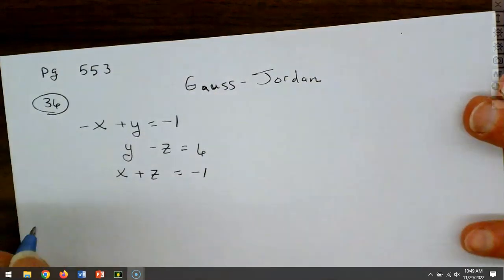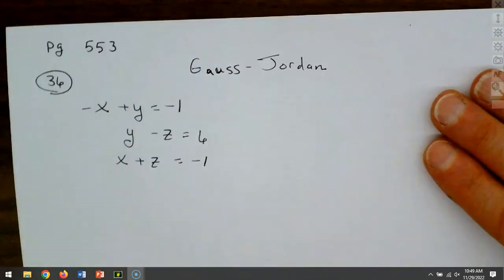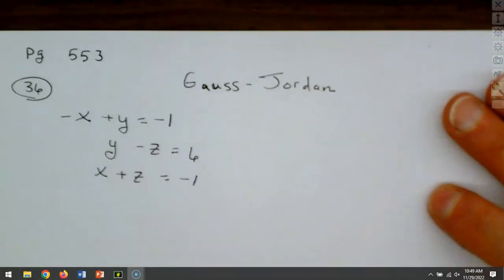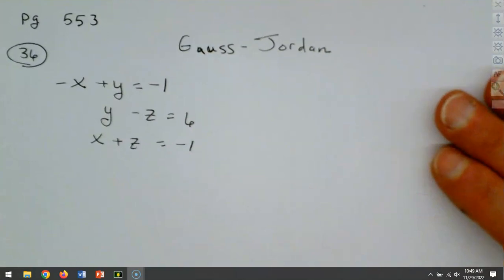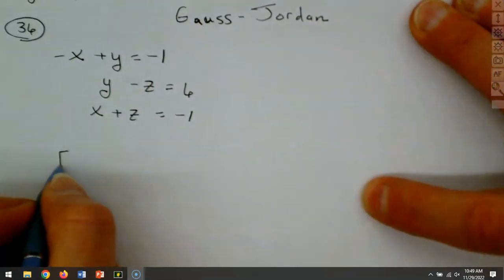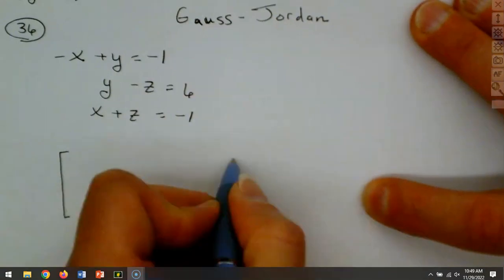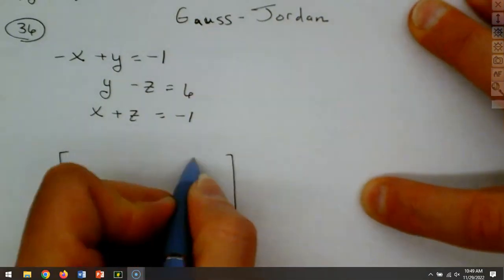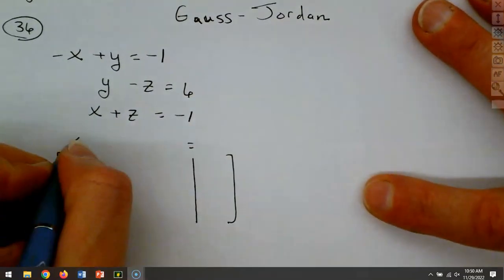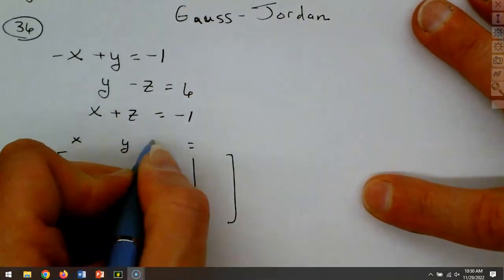I'm going to rewrite this as a matrix. And a matrix is just basically a grid. It just helps us keep organized. So I'm going to rewrite this as our matrix here. 3 rows and 3 columns in the middle. And then this is our equal bar. So this is your x, your y, and your z.